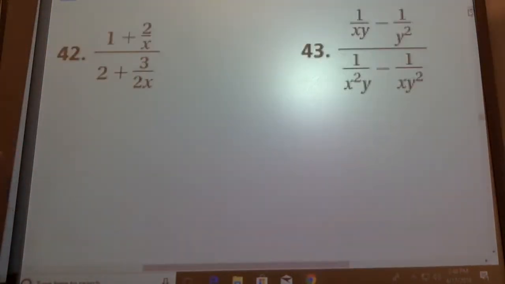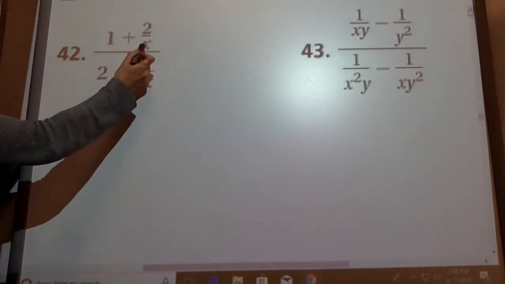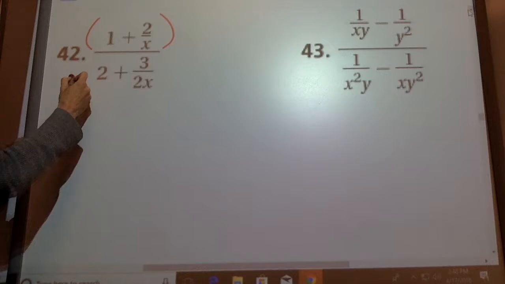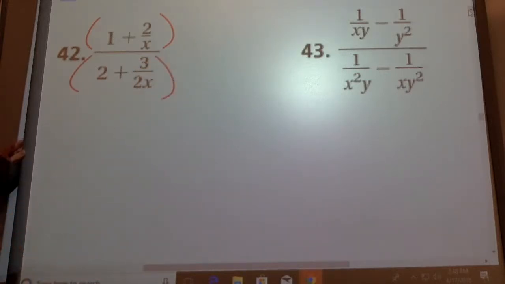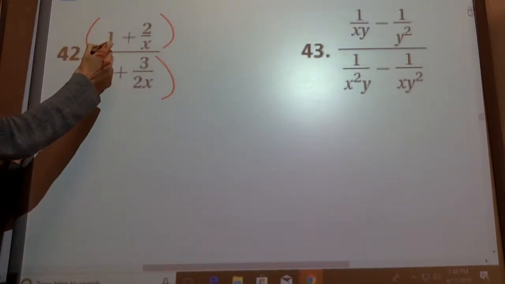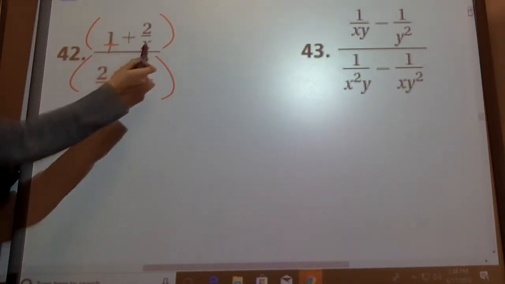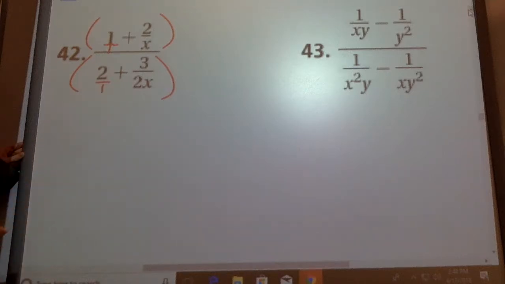Next example here, I have 1 plus 2x on top, 2 plus 3 over 2x on bottom. And what I want to show you here is that when you have a number, you can make any number into a fraction by putting it over 1. So I can make this one also over 1. Okay? What's my common denominator between 1 and x?